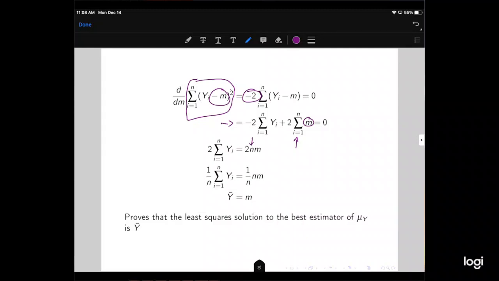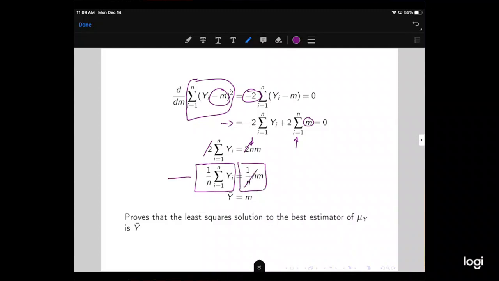We can divide both sides by 2 and multiply both sides by 1 over n. So the 2's cancel out, and then we have 1 over n times the sum of yi right here, and 1 over n times nm over here. The n's are going to cancel out, we're just left with m.